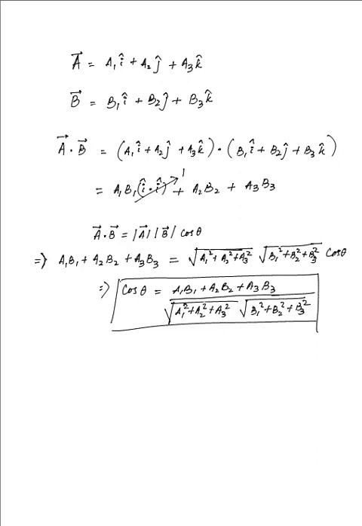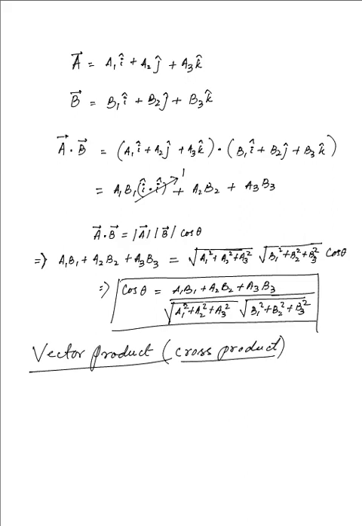Okay, let's start off with that. Vector product, also known as the cross product, because it is represented by a cross, that is the multiplication sign, but here it is specifically termed as cross instead of multiplication.